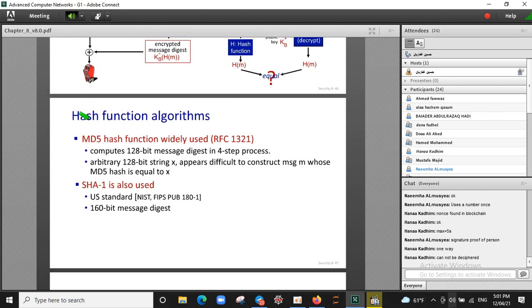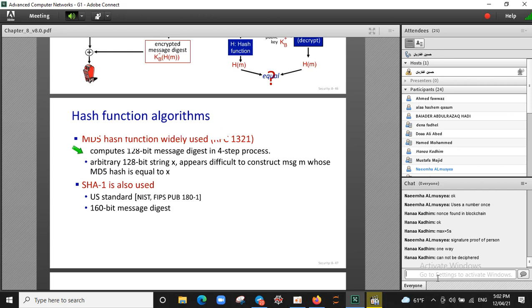This is the last slide for today. When we talk about hash functions, in today's internet, we have two strong formats of hash function. One of them is the MD5 hash function, which is based on RFC 1321.